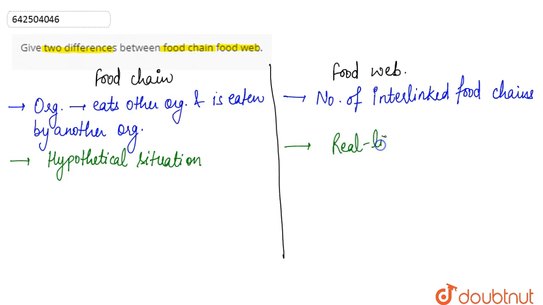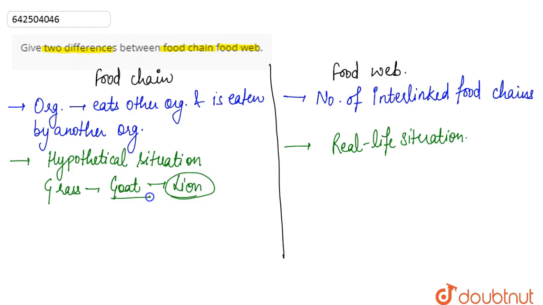It's a hypothetical situation in the food chain because we consider that the lion will only eat the goat. Like in the example here, the grass is eaten by the goat, and the goat is eaten by the lion. So we are considering here that the lion will only eat the goat and the goat will only eat the grass.